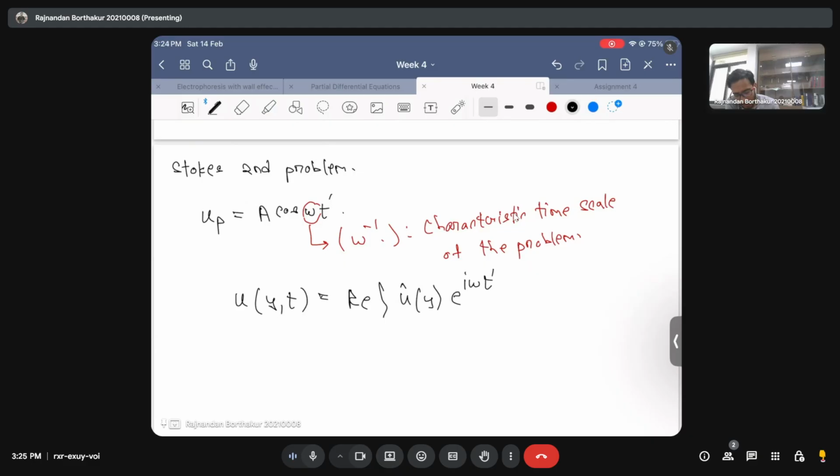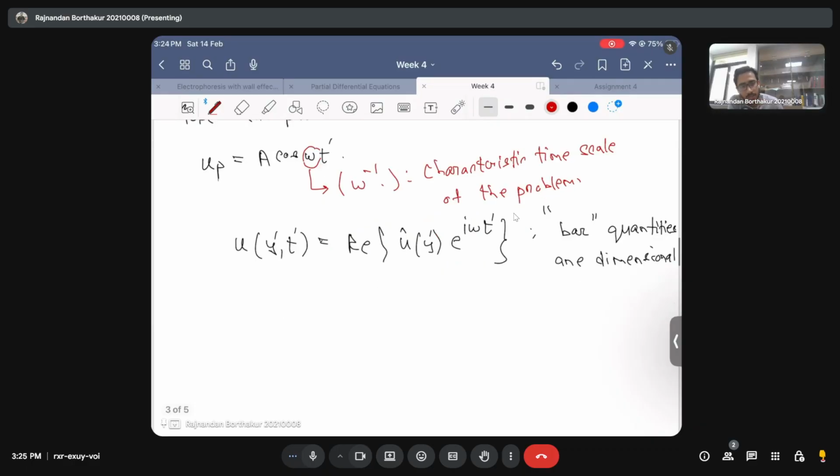For obvious reasons, as will be clear very shortly, I will denote all the dimensional variables with a bar, where barred quantities are dimensional, meaning that they have actual dimensions in the analysis. So I hope you can realize that just by imposing a frequency on the plate, the nature of the PDE has changed.